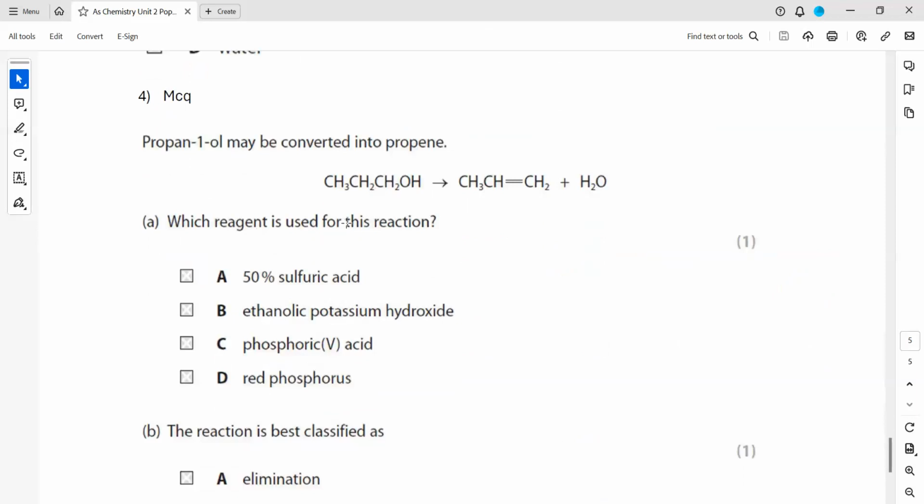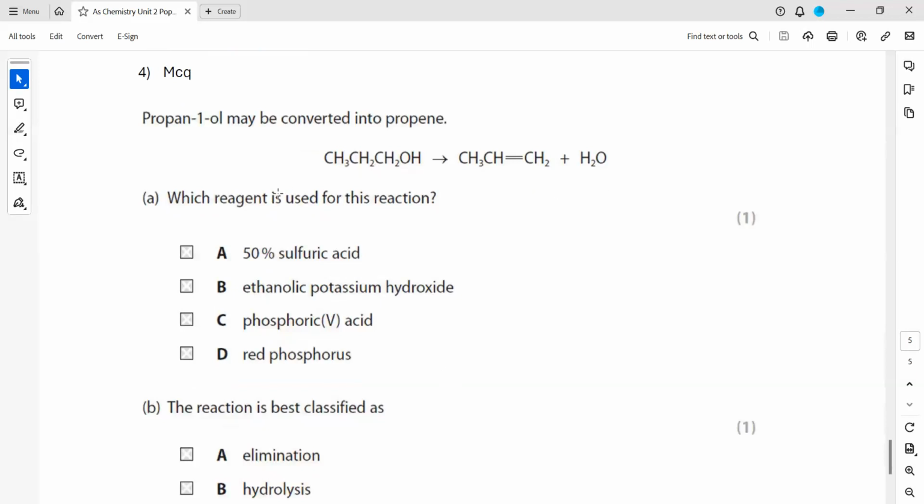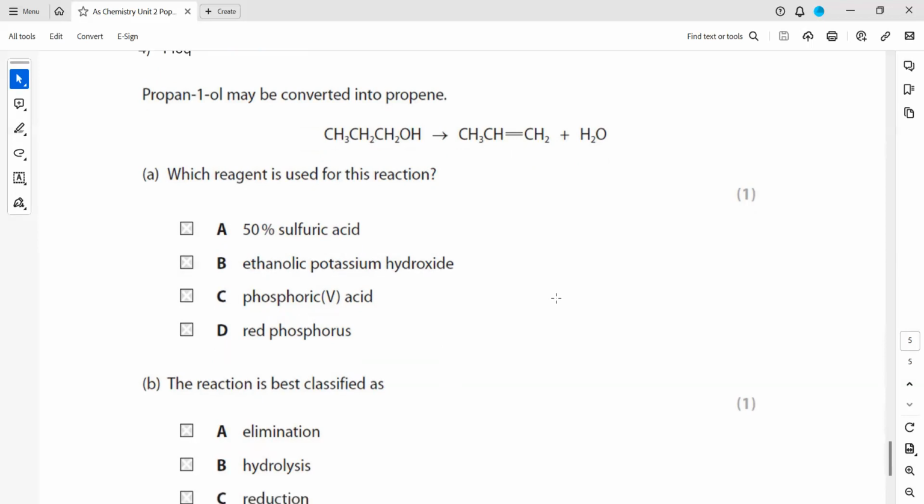Question 4, propan-1-ol may be converted into propene. As you can see here, which reagent? So this is alcohol converted into alkene. This reaction is known as dehydration, like removing water molecules from a substance.